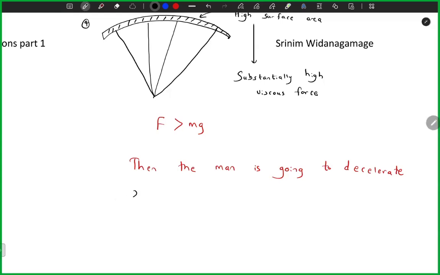The downward velocity is going to decrease. That is a very important thing for the parachutist.